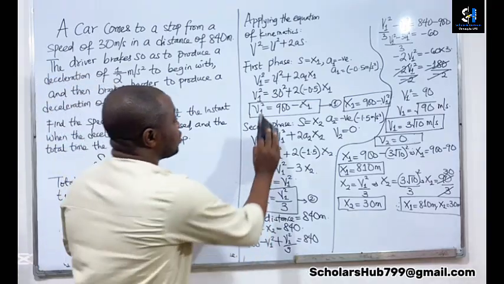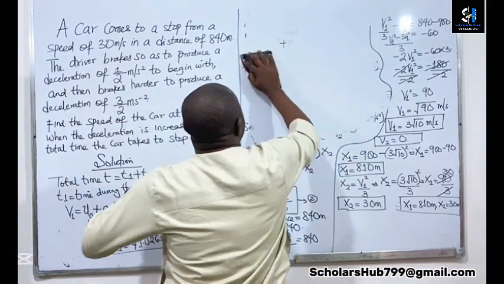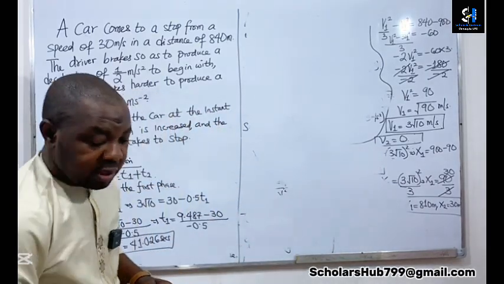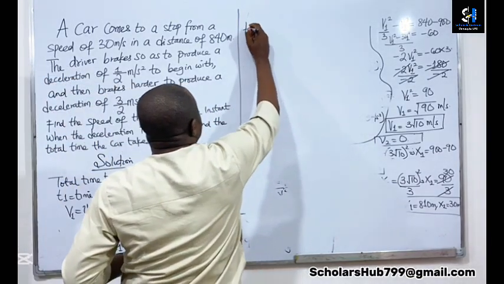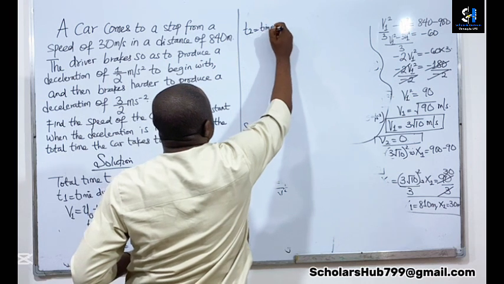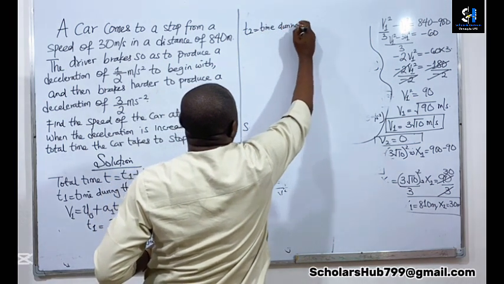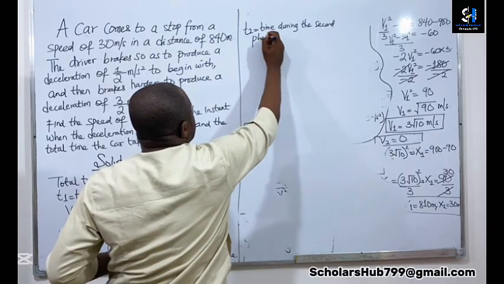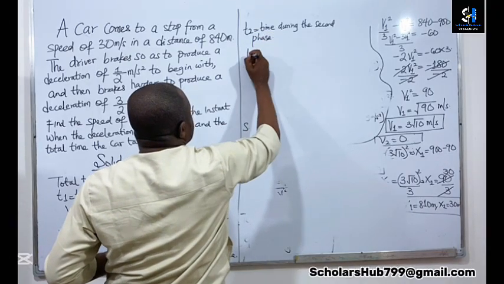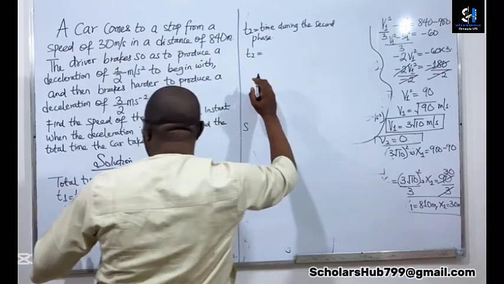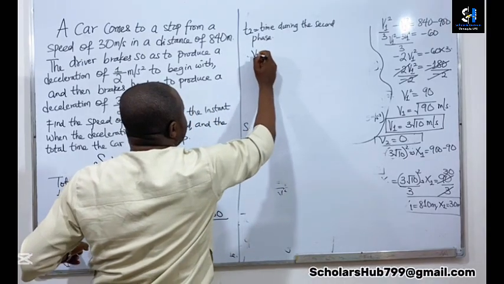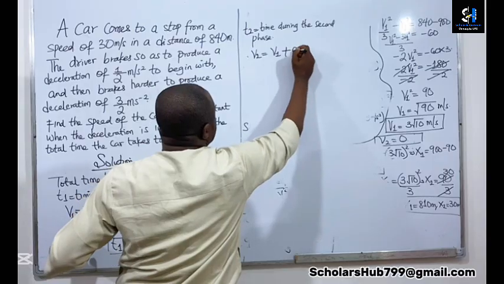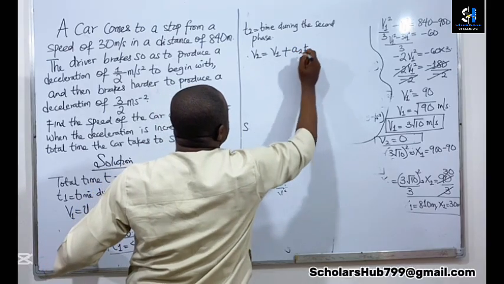Let's note this also. Remember, I want to calculate the total time. So during the second phase, the time, that's t2, we use the same formula: v2 equals v1 plus a2 multiplied by t2.